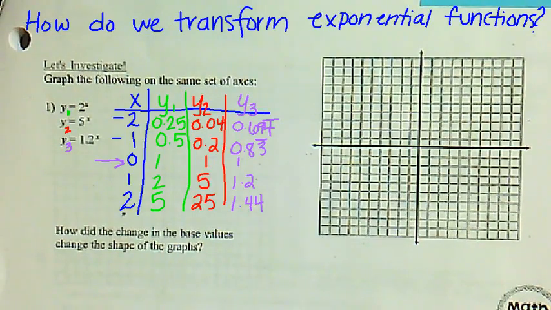I'm going to start at 0, 1, because that's actually the easiest one. Okay, and then 1, 1.2, it's kind of up a little bit higher, and then up a little bit higher.